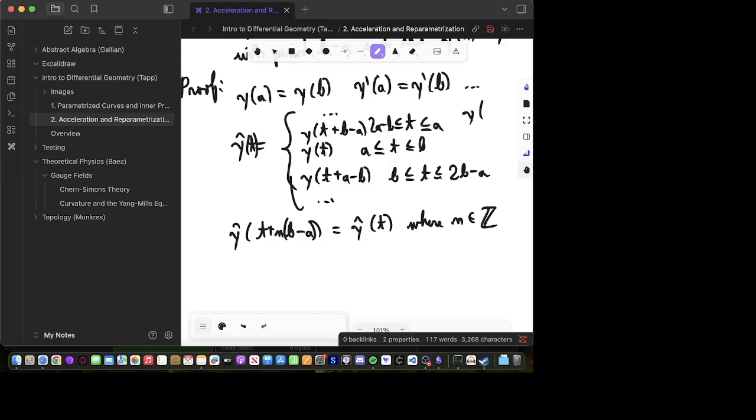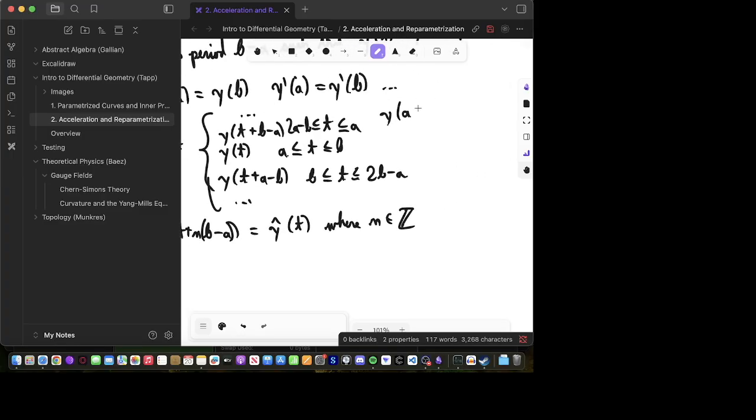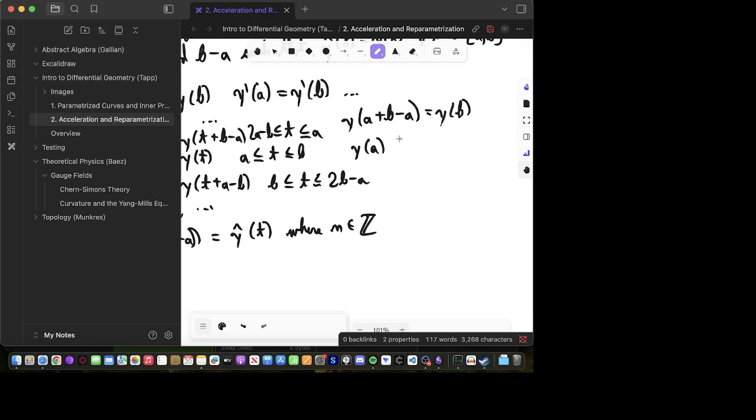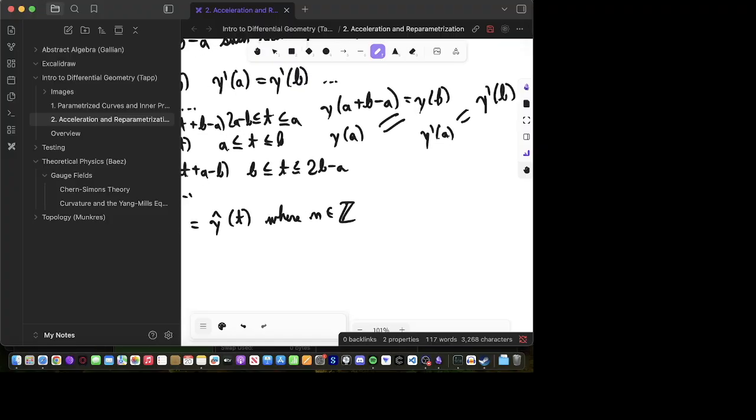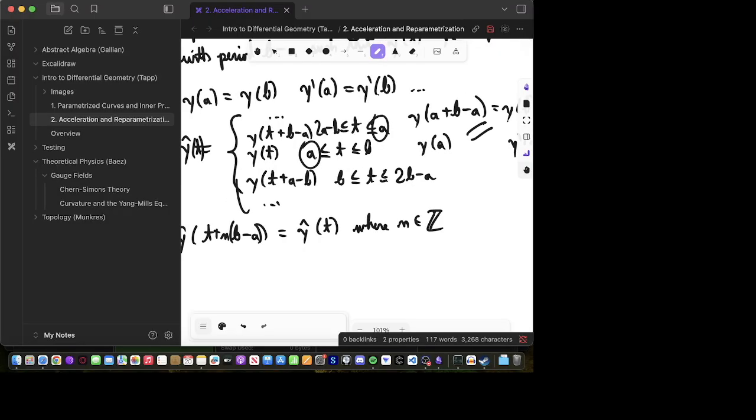As it turns out, gamma of A plus B minus A equals gamma of B, for example, and then gamma of A equals gamma of A. But we also have that gamma of A equals gamma of B, and we also have that gamma prime of A equals gamma prime of B. So at these boundary points, they're effectively smooth.